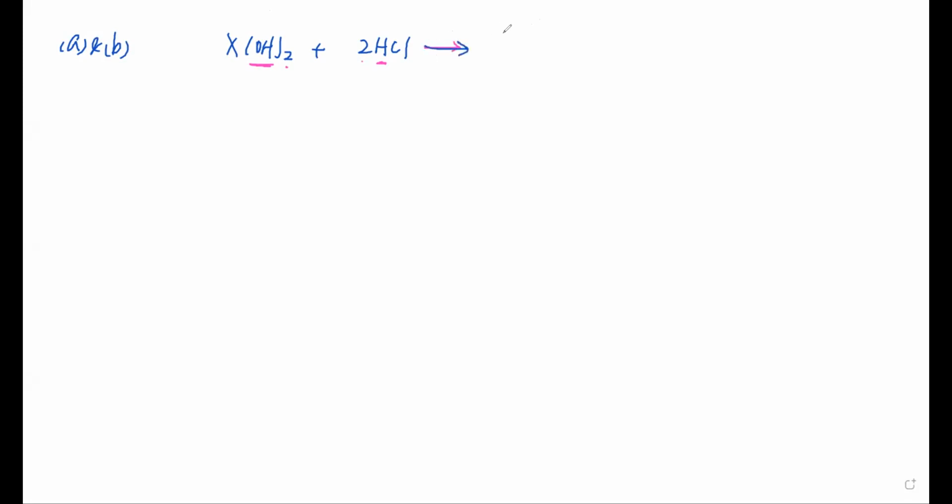Okay, so here comes HCl, 2 and 2 water, and the acid is 0.350 molar, while the volume is 34.00 times 10 to the power minus 3 dm cube.